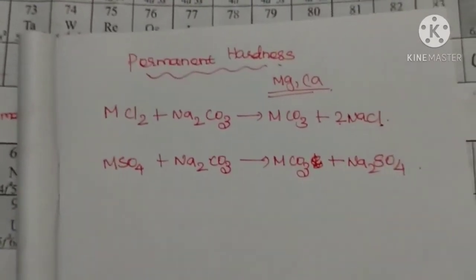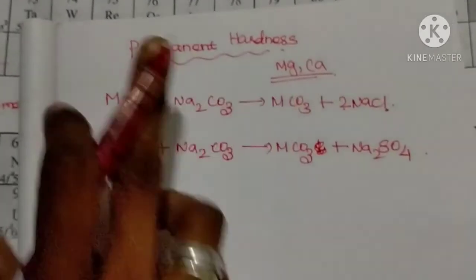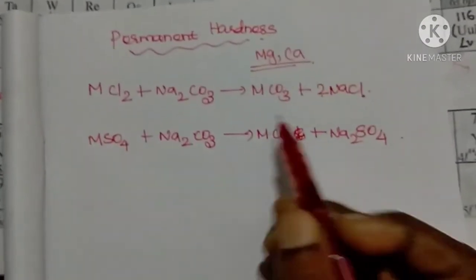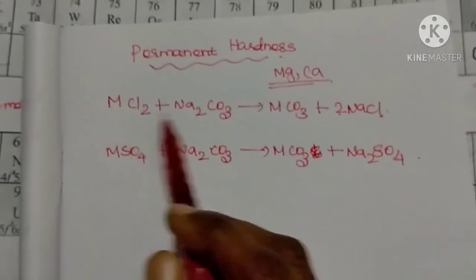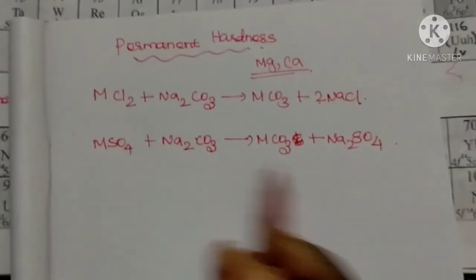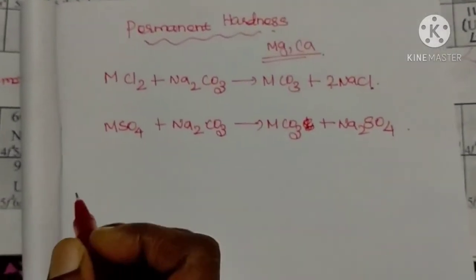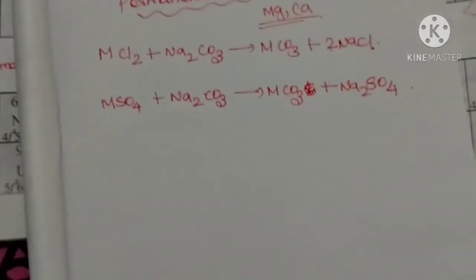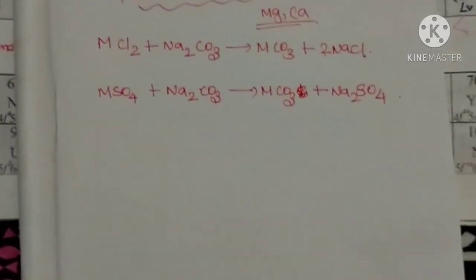And the byproduct of this reaction is Na2SO4. Now the permanent hardness of hard water is removed by adding Na2CO3, that means washing soda.